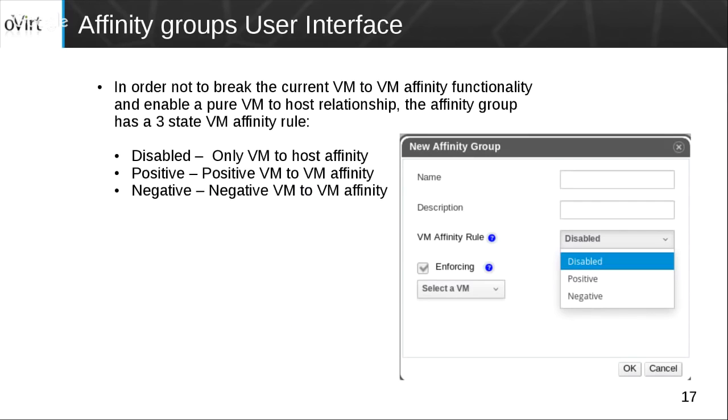Disabled option means that the affinity group is pure VM to host, meaning that if we have a list of VMs, the affinity between VM and VM won't be enforced, only VM and hosts. VM and hosts we will define via REST API and SDK. We'll show that later on.